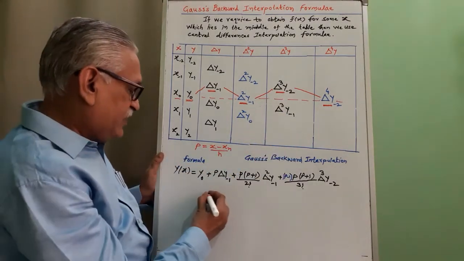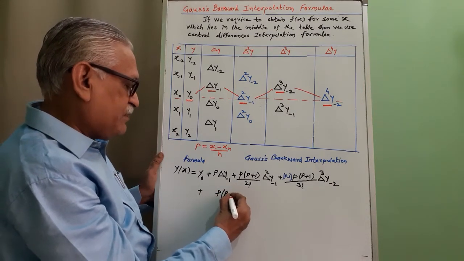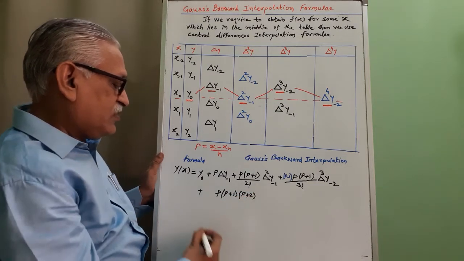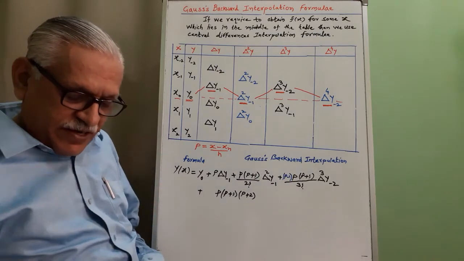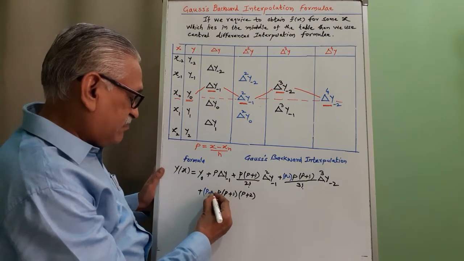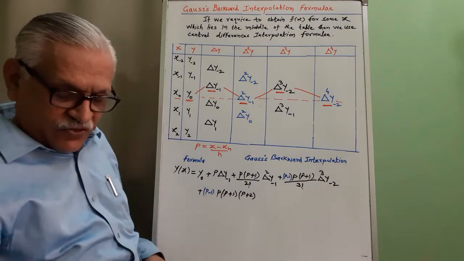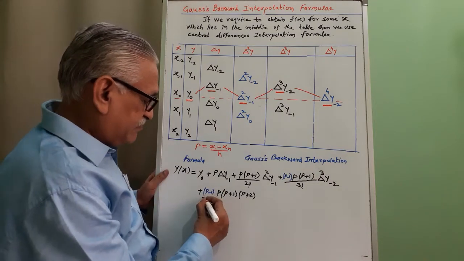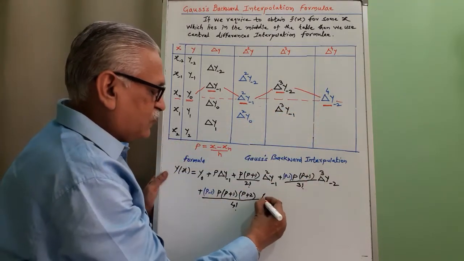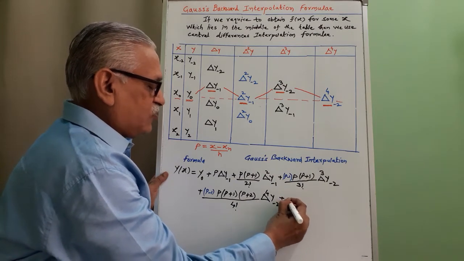And lastly we have p plus 1, p plus 2, multiplied by this additional new term p minus 1, and divided by 4 factorial, and multiplied by this del raised to 4 y minus 2, and so on.